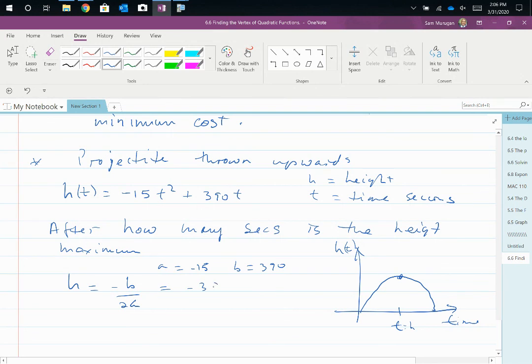So negative 390 over 2 times negative 15, which is 390 divided by 30, which is what is that, 33? Sorry, 13 seconds. Okay, 3 3s are 9, 3 1s are 3, so 13 seconds.